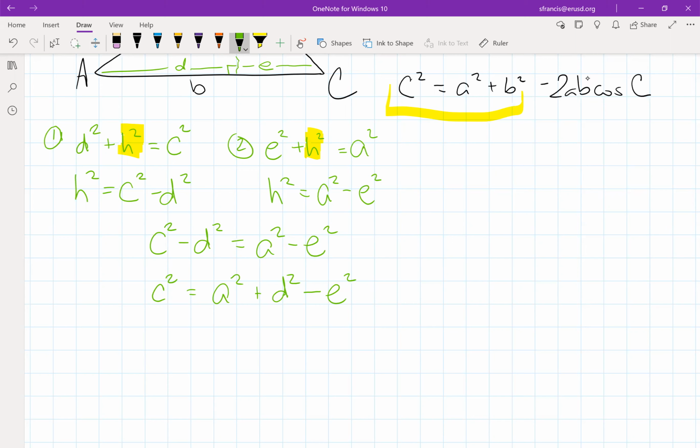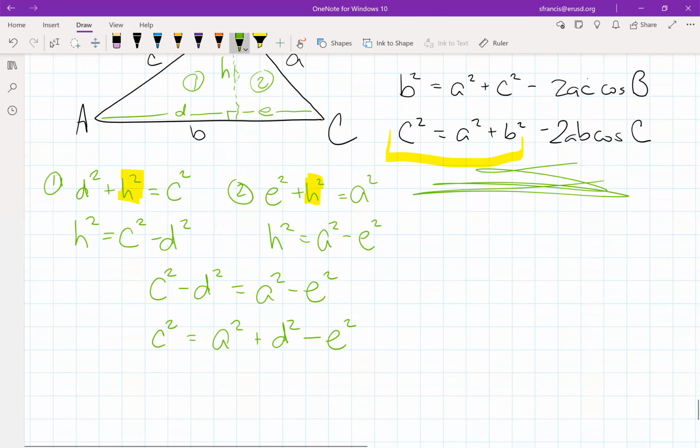Now, if you're looking at our formula over here, you can see that there's no e and there's no d in there. So we have to get rid of e and d from this equation, and we have to get b involved, along with angle C, in order to match our pattern here. Now, I will note that from our picture here, b is equal to d plus e.